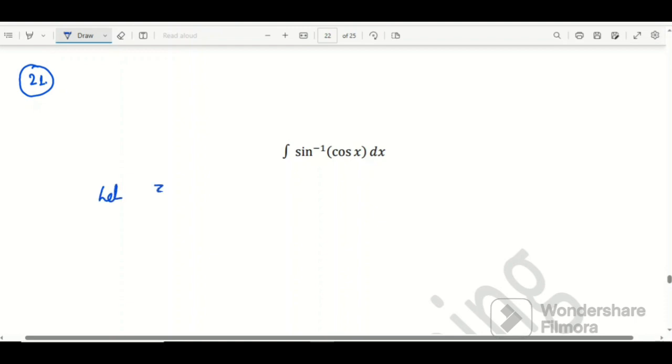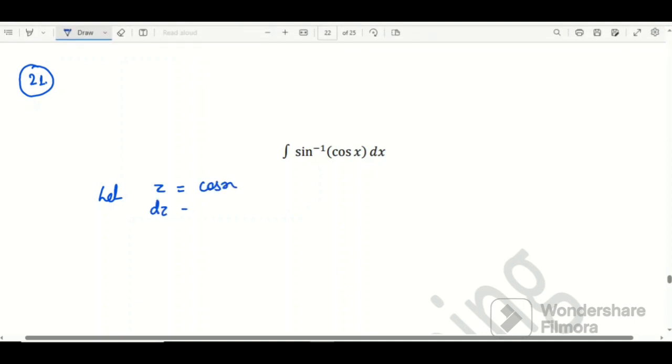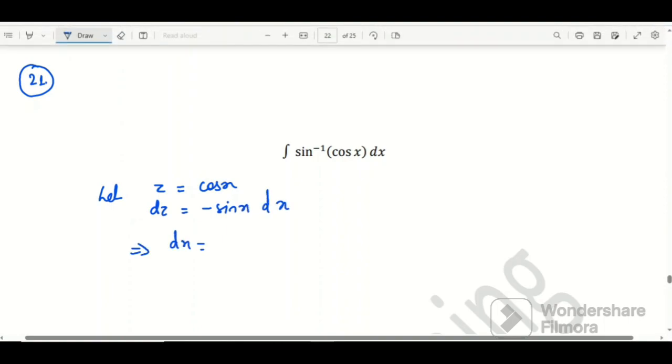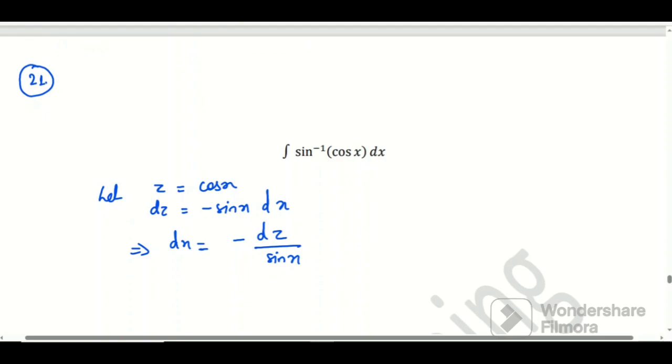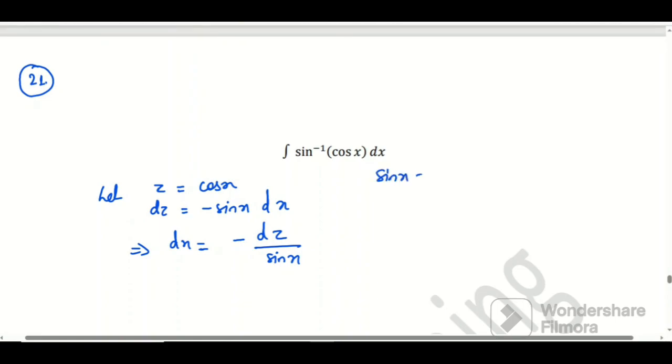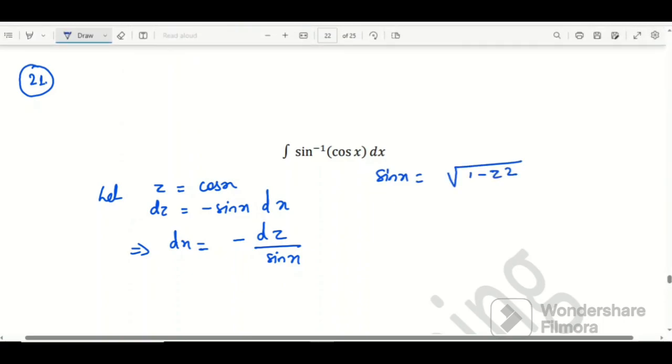I'm taking z, let z equal to cos x. So differentiation of z with respect to x will be minus sin x into dx. So implies dx will be replaced by minus dz upon sin x. But then I have to convert this sin x also because the integration will be in the form of z. So since cos x equal to z, sin x will be under root 1 minus z square.